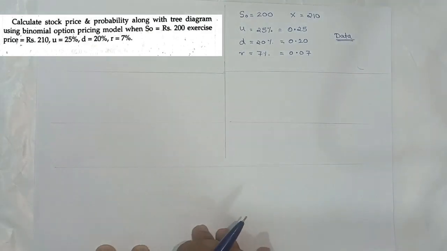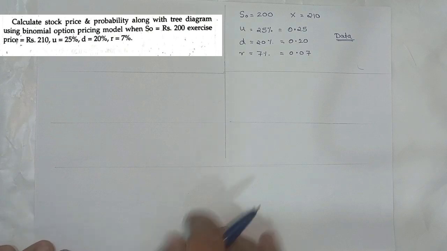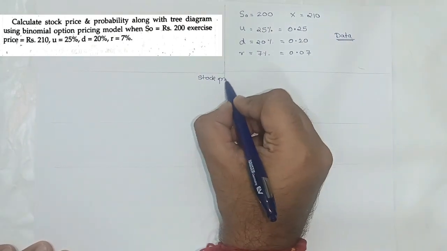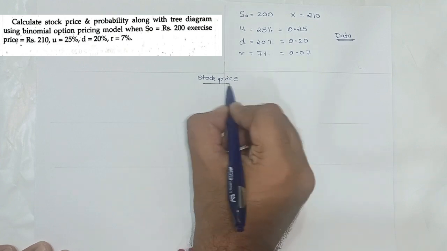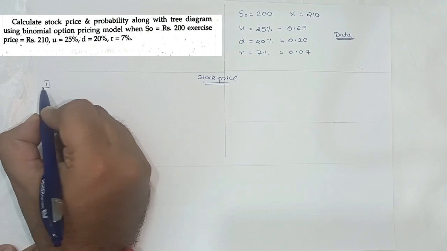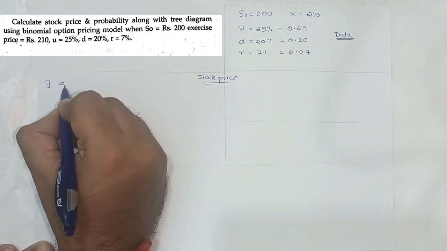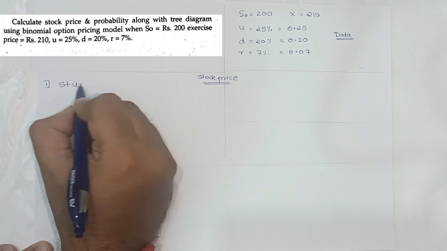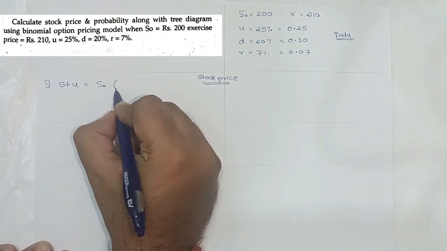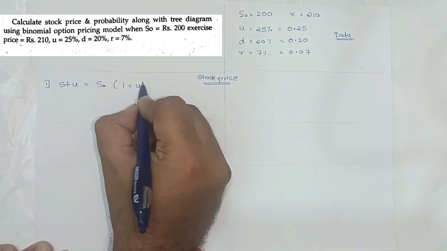Now we start finding the stock price. Okay, so I'll note down here stock price. Now stock price we need to find from both the points, first during upswing and then second during downswing. So stock price during upswing, the formula is spot rate into 1 plus the upswing.